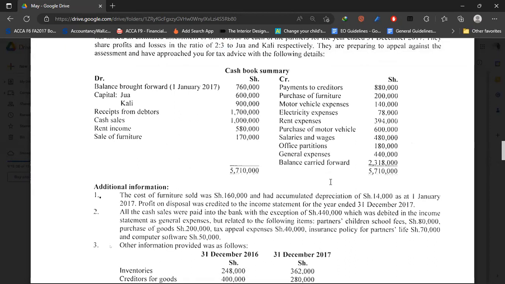had accumulated depreciation of 14,000 shillings as at January 1st, 2017. Profit on disposal was credited to the income statement for the year ended 31st December 2017.